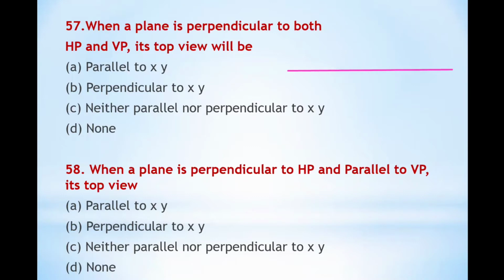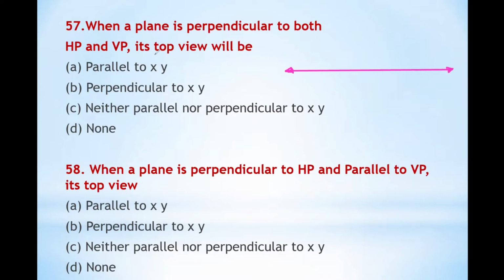So this is the XY. Okay, then as already I mentioned, if the plane is perpendicular to both HP and VP, then whatever its true shape is, we will get in the side view.